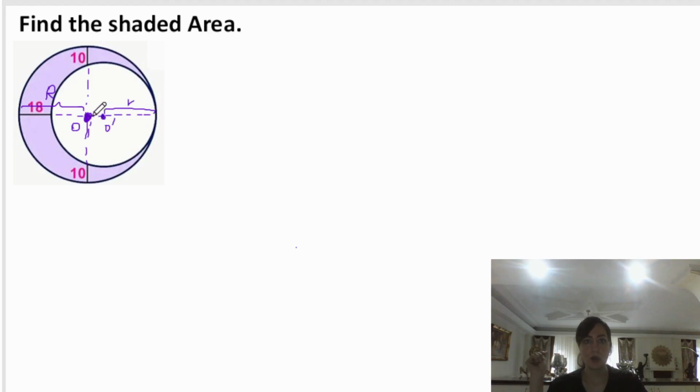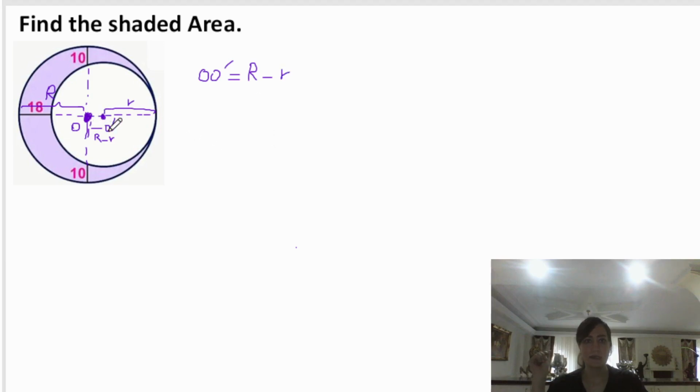Here, O prime would be R minus r. So I say O prime equals capital R minus small r.